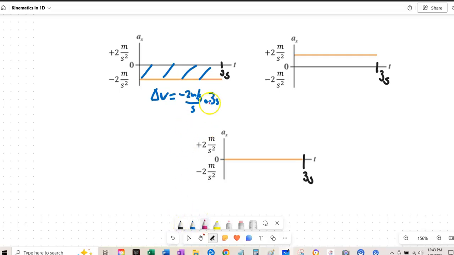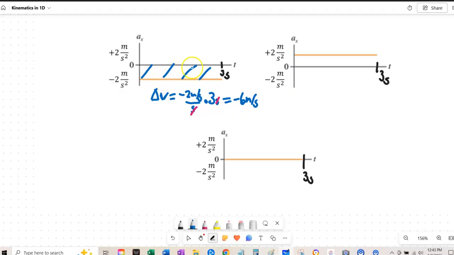Well, this little s is going to cancel out with that, and that's going to tell us our change in velocity, which is going to be negative 6 meters per second. Now again, this isn't telling us our exact velocity. All we know is our velocity is changing to the left. In other words, we're accelerating to the left.